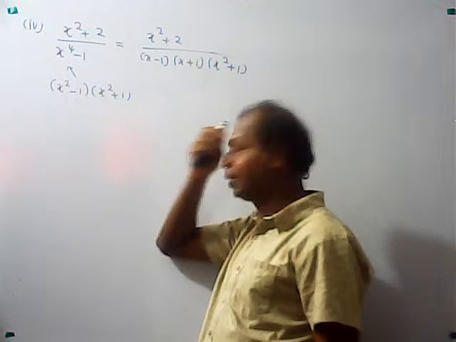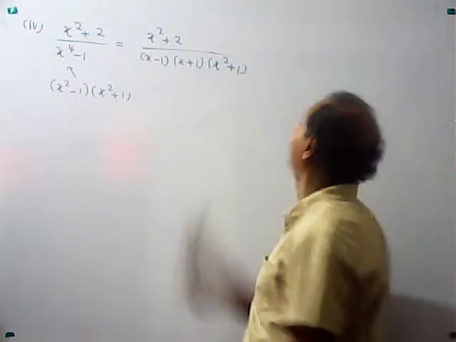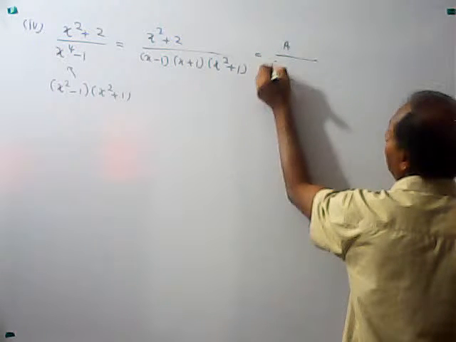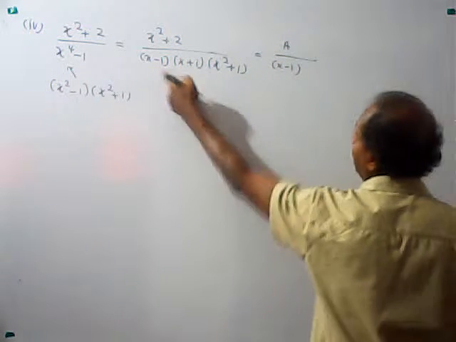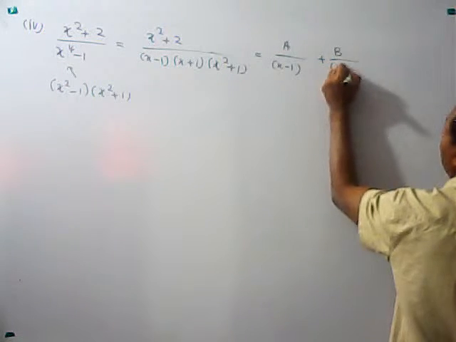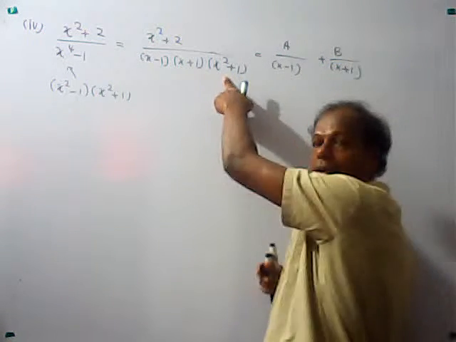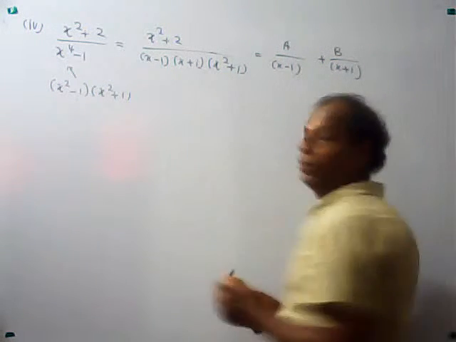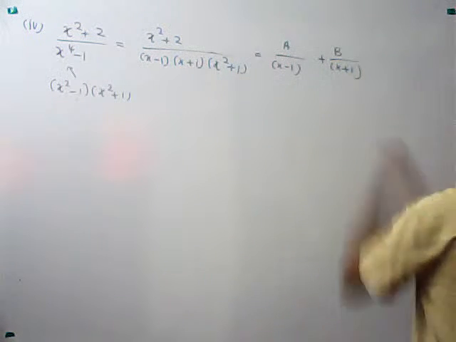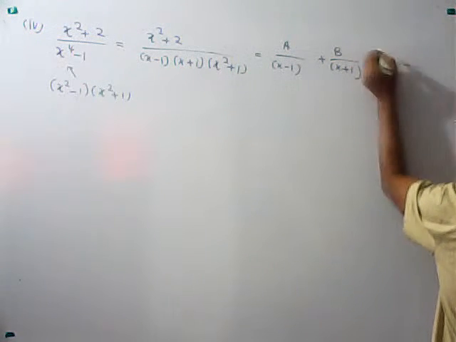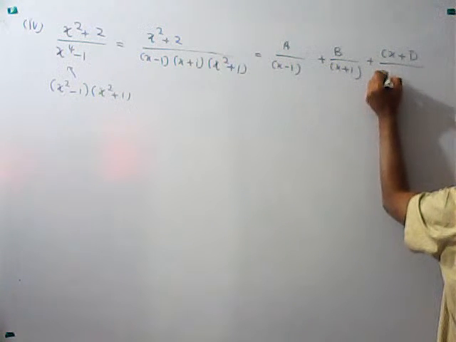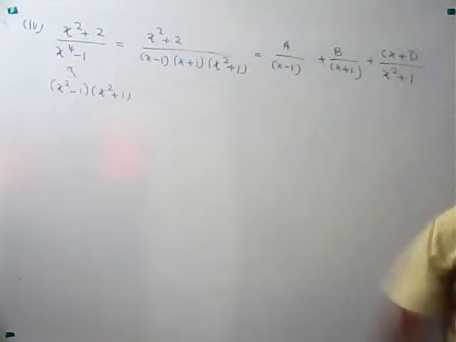So now you can make it like a over x minus 1 plus b over x plus 1. This is a quadratic factor of which there are no further linear factors. So it has to be written as cx plus d over x squared plus 1.